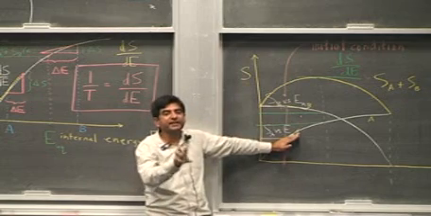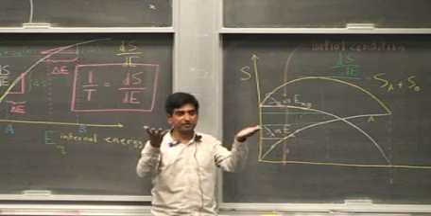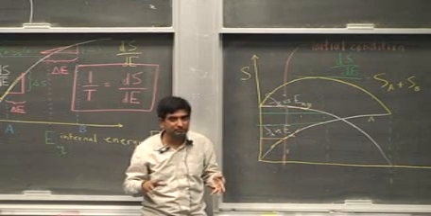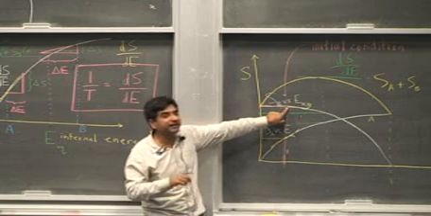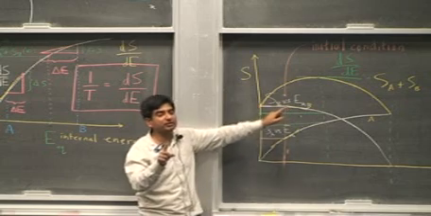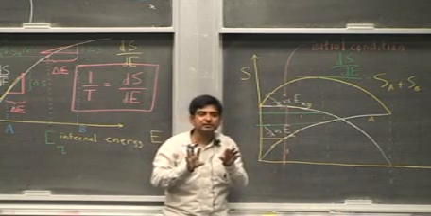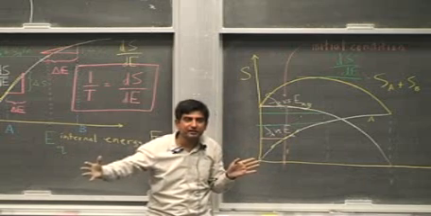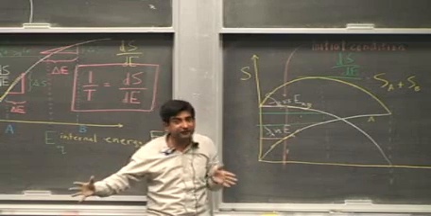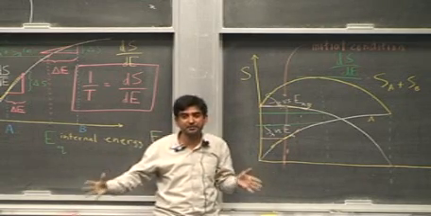Slope larger means it can absorb energy and increase its entropy by a large amount, and that is what a low temperature object really wants to do. Here the slope is smaller, so even if it loses a large amount of energy, its entropy doesn't decrease much. And that is favorable from the point of view of the second law of thermodynamics. You don't want to lose your entropy much.